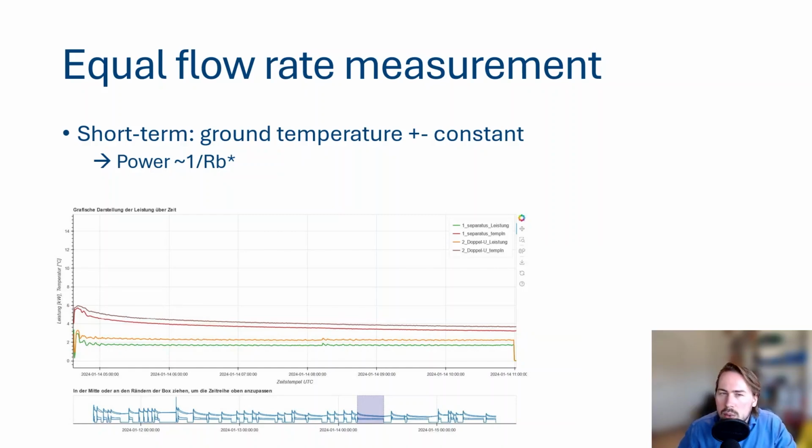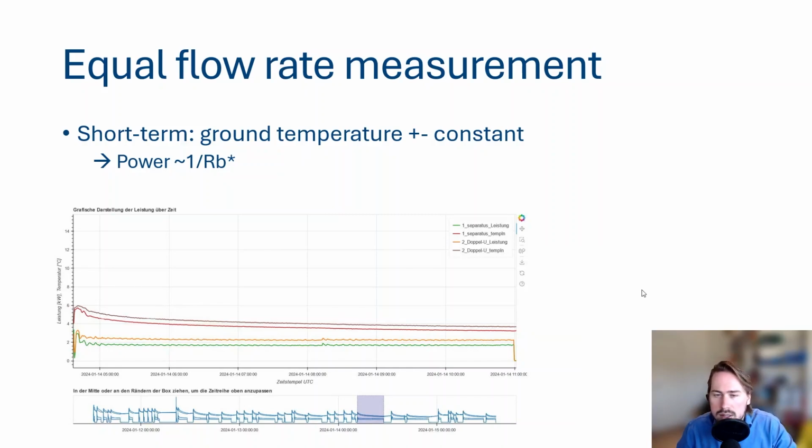If you're not familiar with this distinction between long and short-term effects, please take a look at our previous videos in the video description below where we talk more about that. Since we're only looking at the short term, we can say that the power, the heat extraction rate, is inversely proportional to the borehole thermal resistance.